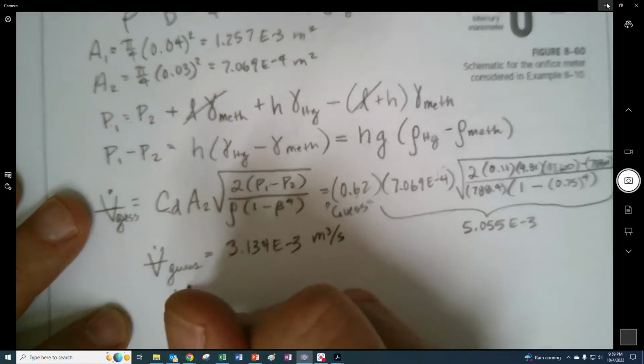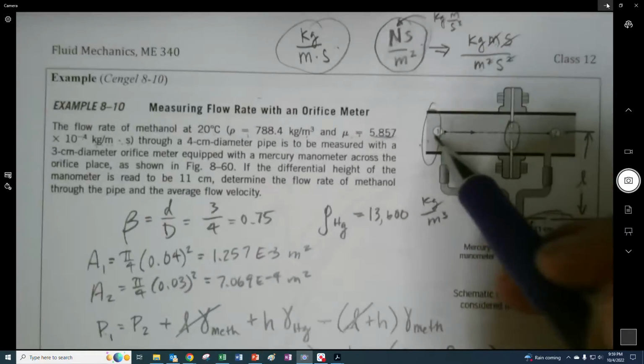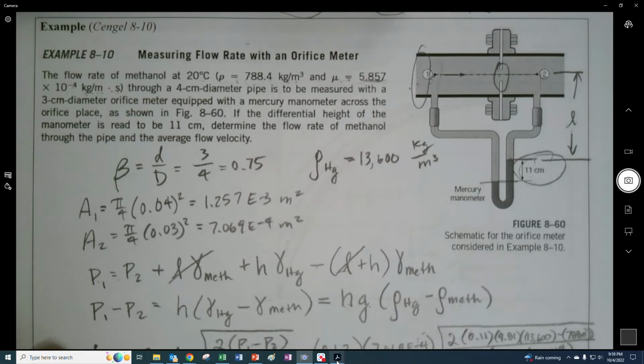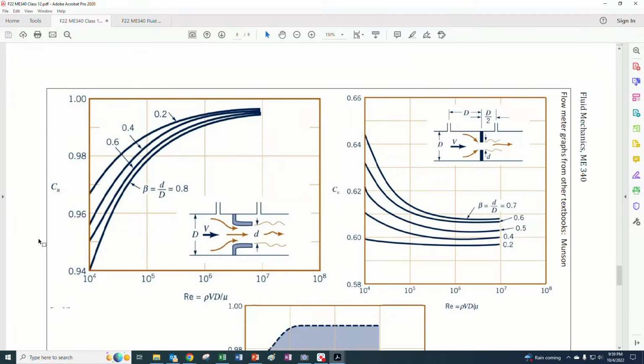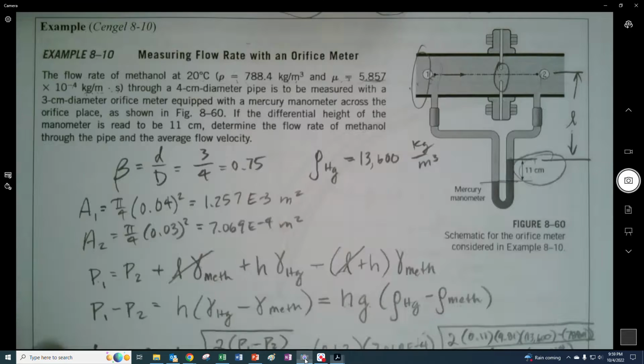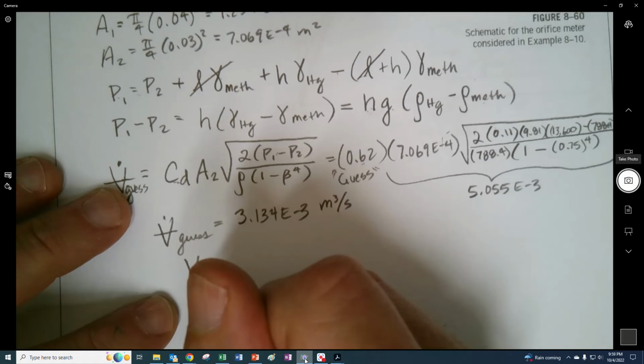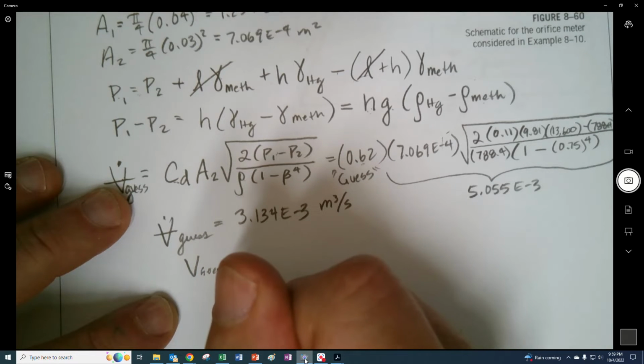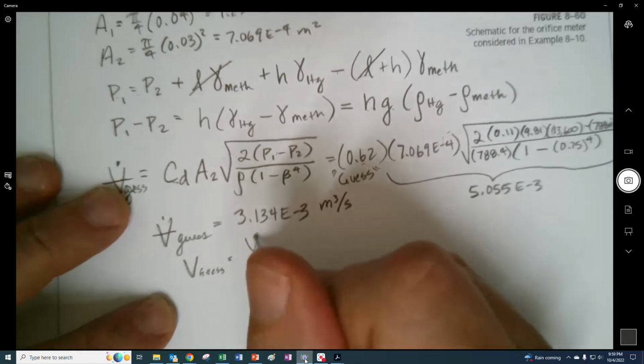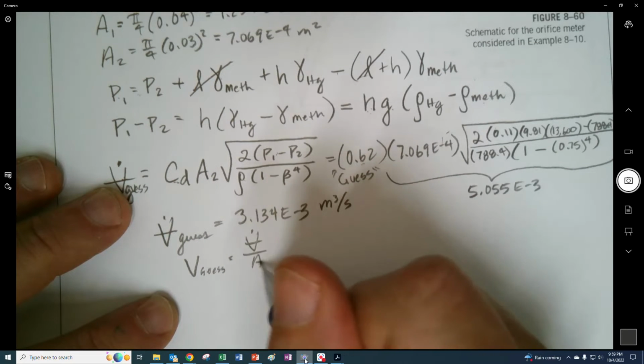So the velocity that we're going to get, we want the upstream velocity, let's go back to this right here. We need the Reynolds number right here, and that's the upstream velocity right here. So for this, I'll write a guess. I don't know why I went for big G right there. We're going to take that, divided by A1.